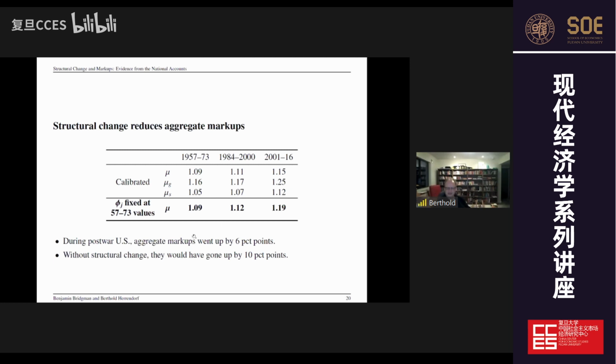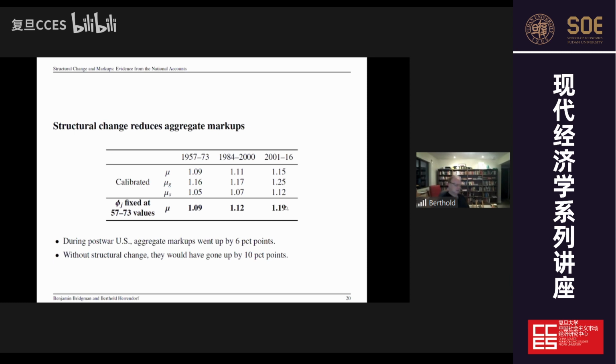Consistent with that, if we shut down the reallocation and just take the fixed 57 to 73 sectoral composition, what we find is that aggregate markups would have been larger in 84 to 2000 by 1 percentage point, and larger in 2001 to 16 by 4 percentage points. So they would have gone from 12 to 19 percentage points instead of 11 to 15. Okay, so it's a considerably larger increase.